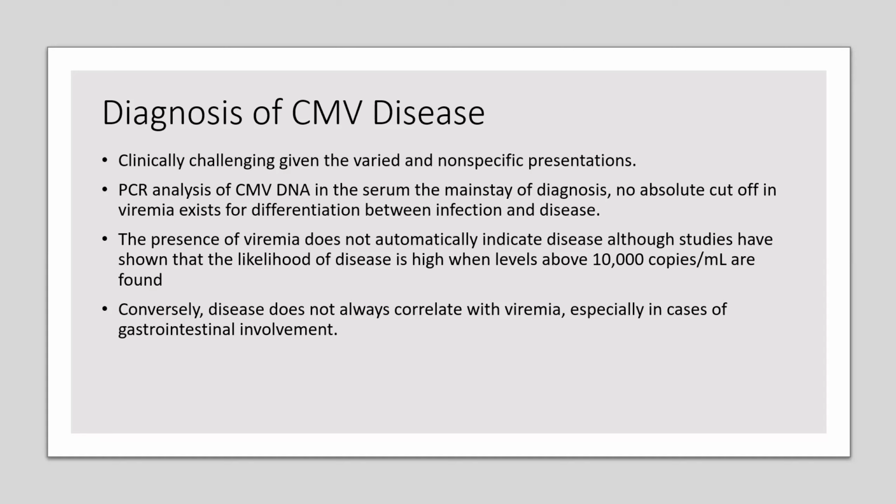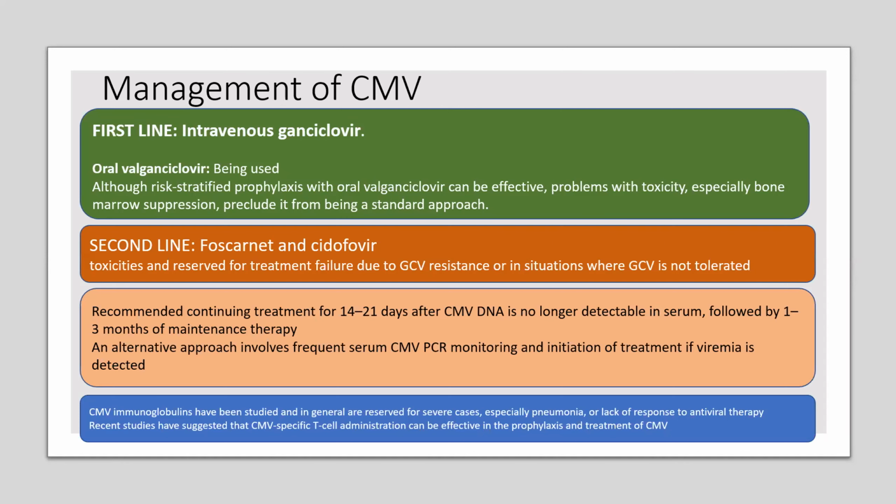However, in our center, we monitor the CMV viral load once the patient's engrafted, and we use that as an indicator of CMV reactivation. So I guess it's dependent on center to center and how it is done.